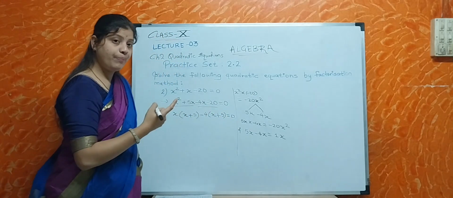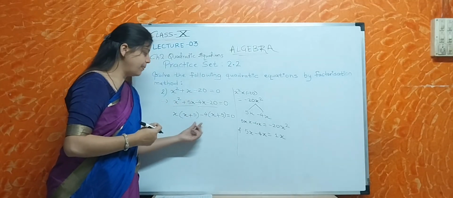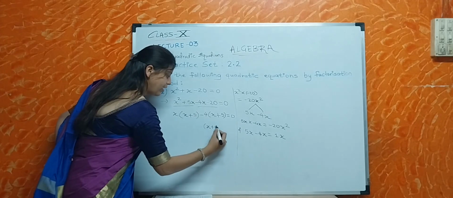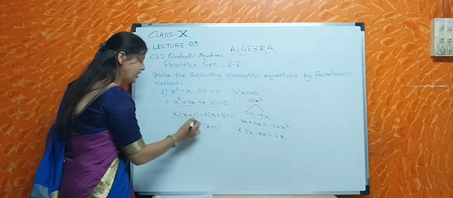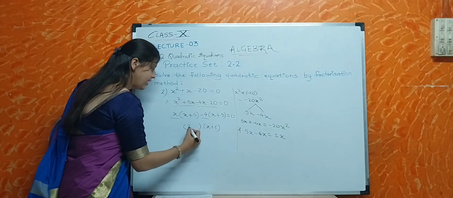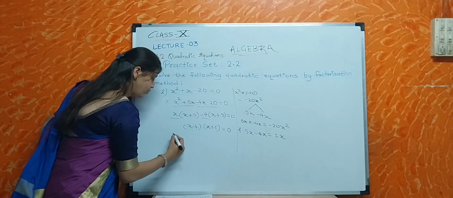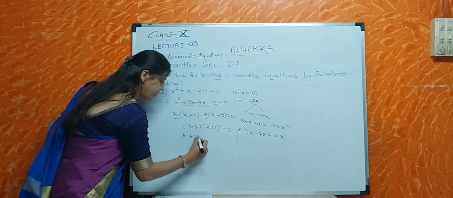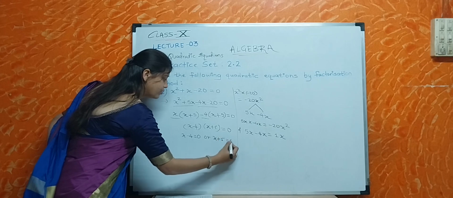Now in this step, see, x plus 5, both the brackets we have got equal. Plus 5 we can take in a single bracket common, and remaining terms in another bracket, that is x minus 4, that is equal to 0. So we got two terms, that is x minus 4 is equal to 0 or x plus 5 is equal to 0.